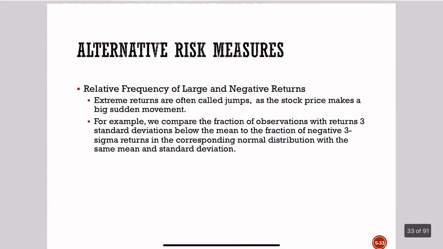Okay, we could also use another alternative risk measure, which is called the relative frequency of large negative returns. The motivation here is that sometimes, even if you look at daily returns, you can see that stock returns will jump. That is, you will see a large, sudden movement.